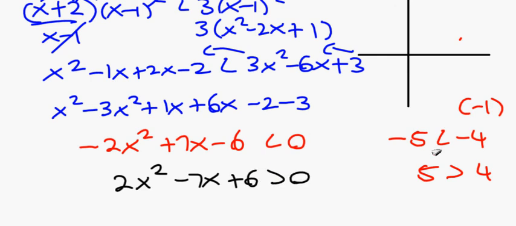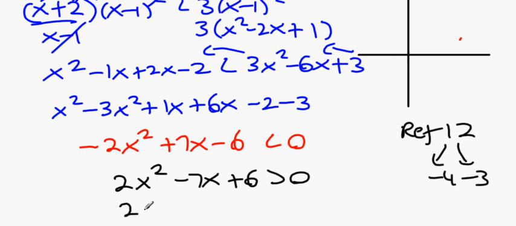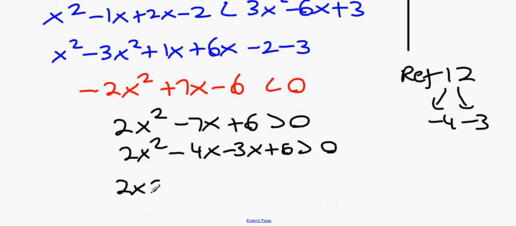Now what's going to happen after this is we're going to get a reference number of 12. That's going to break up into minus 4 and minus 3. 2x squared minus 4x minus 3x plus 6 greater than 0. Factorize. We get 2x into x minus 2 minus 3 into x minus 2 greater than 0.